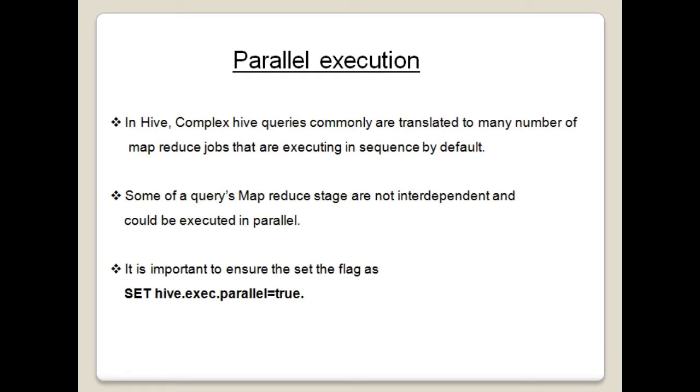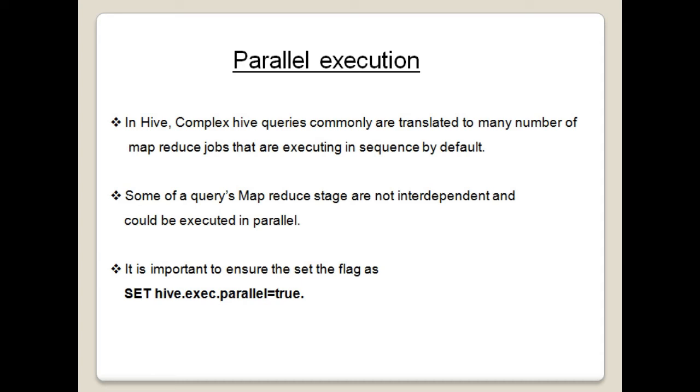Next is parallel execution. So friends, suppose in Hive you are working with a really complex query. That complex query internally will be broken down into many map reduce jobs, and those map reduce jobs will run in sequence. This is the default nature of my execution.